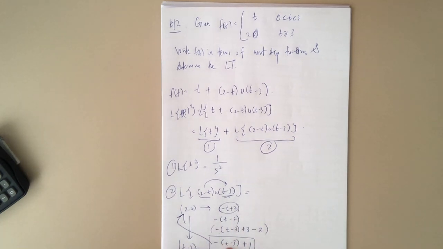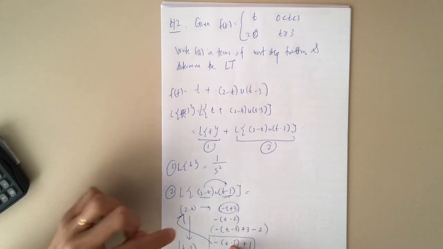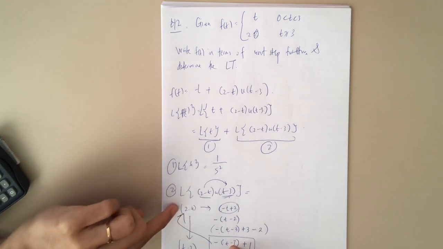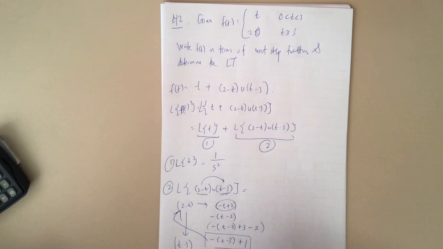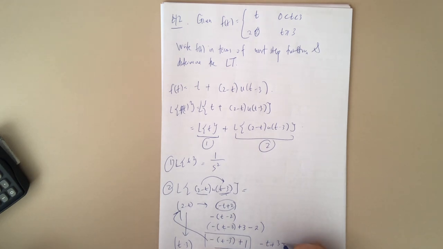I just want to reconfirm whether my modification is back to the original question. So try to open the bracket: you have negative t plus 3 and minus 1. Okay, correct.